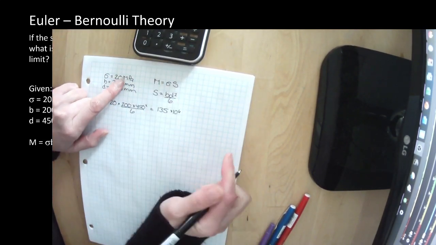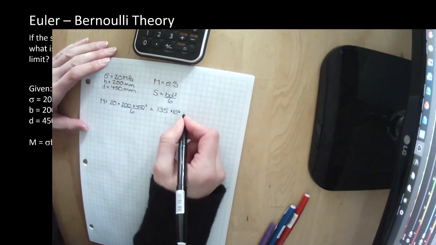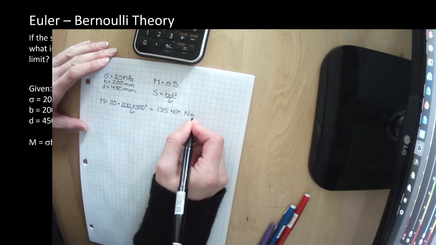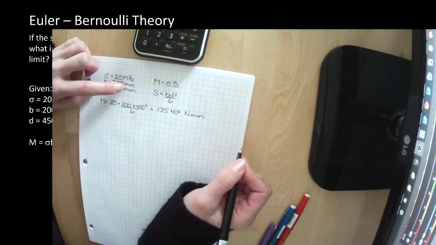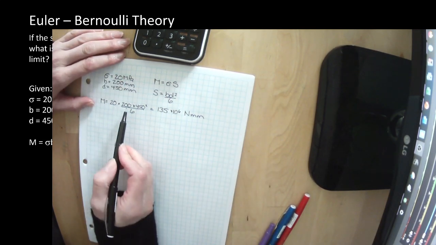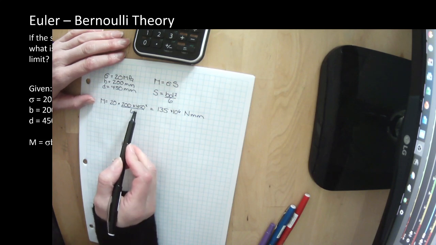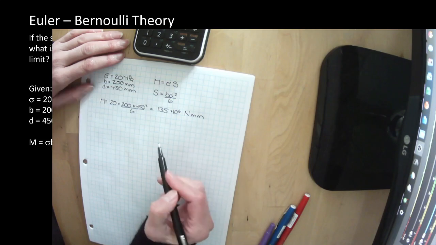We were using MPa, which means Newton millimeters. So this is in Newton millimeters. So this was newtons per millimeter squared, times millimeter times millimeter times a millimeter again, which gives us Newton millimeters.